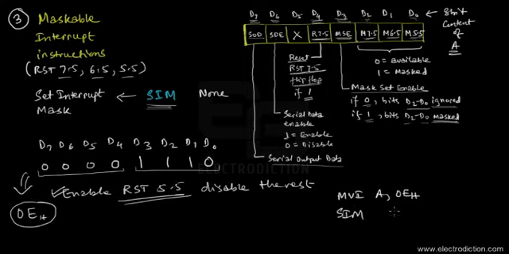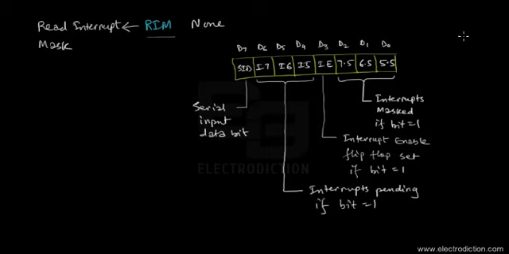What it does is that it enables the RST 5.5 interrupt line, and it disables the rest of them. So this was one example of how to use the SIM instruction to control the RST interrupt lines.